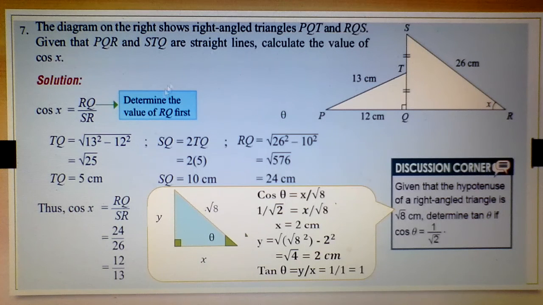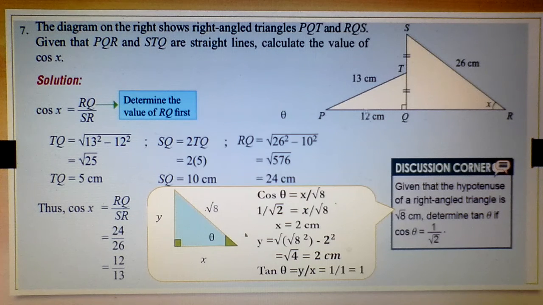Okay, so this is another formula that we have, problem solving that we can use to solve. The diagram on the right shows right angle triangles PQT and RQS. Given PQR and STQ are straight lines, calculate the value of cos x. So from here, determine the value of RQ first. So this is RQ.